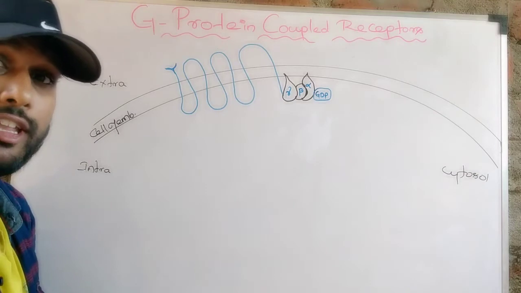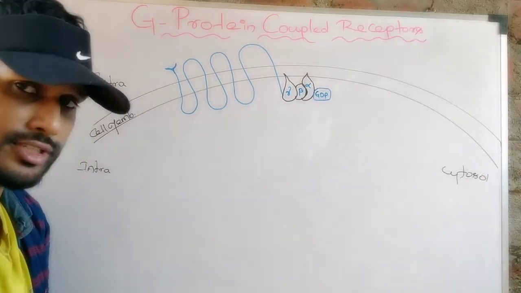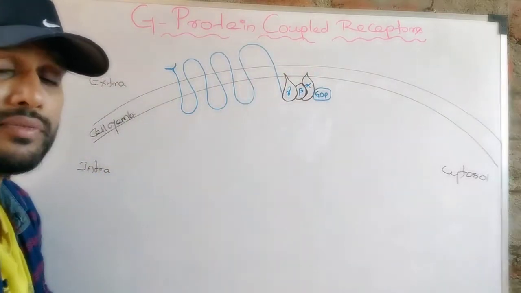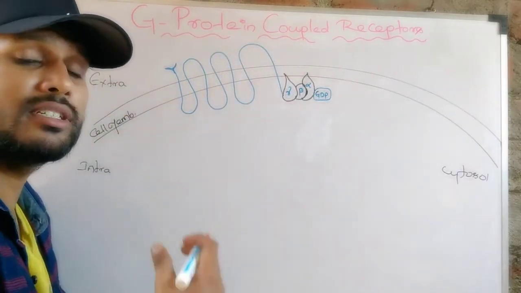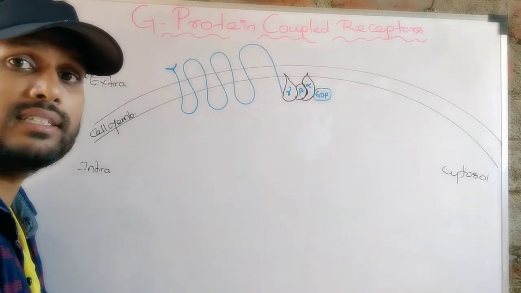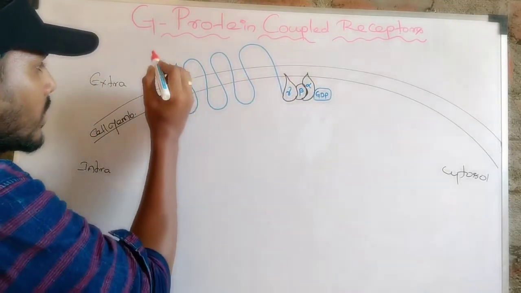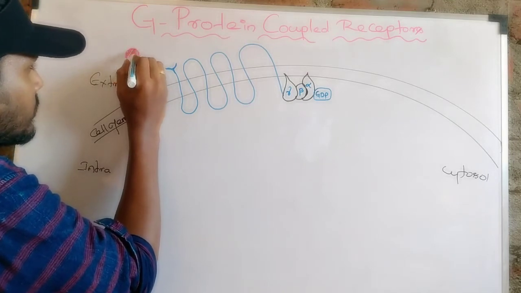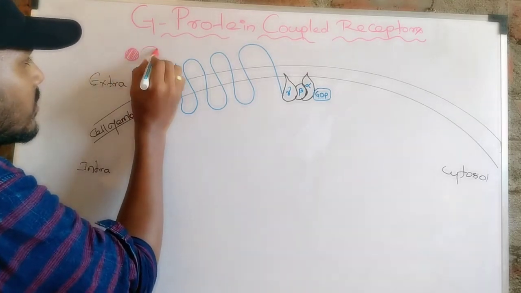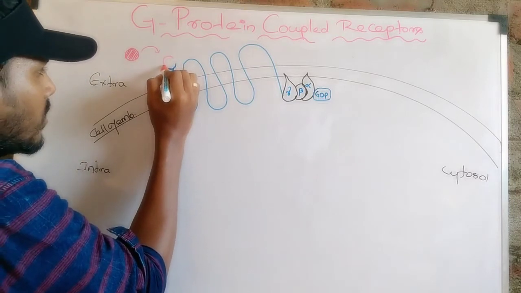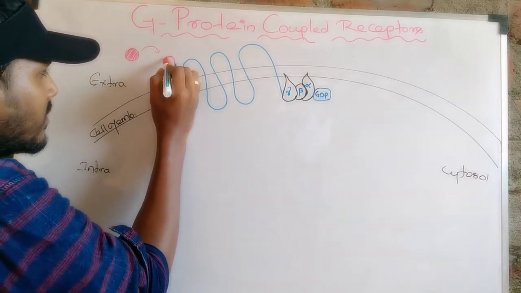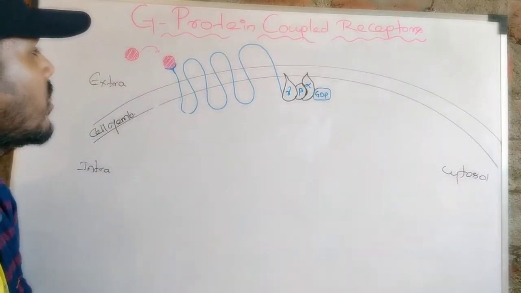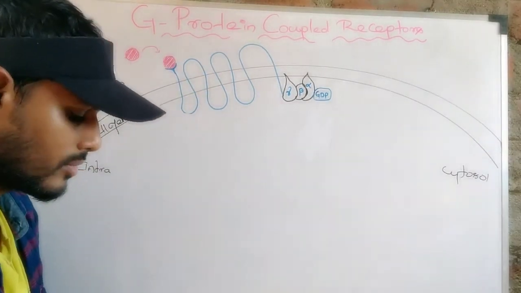Whenever you need some biological response, how do these receptors get activated? How do they make conformational changes after binding the ligand molecule? Let's see. One of the signaling molecules comes and binds exactly here, outside of the cell.